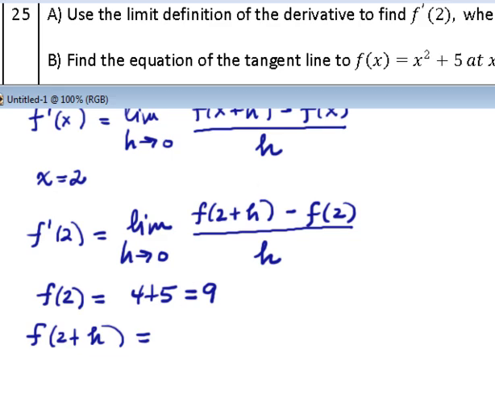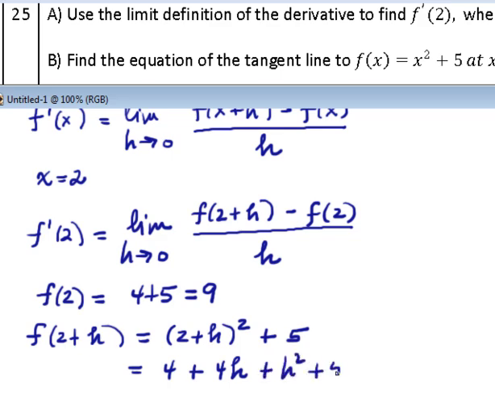Here we see f of x is x squared plus 5, so we have 2 plus h squared plus 5. All right, so just square this out. We have 4, the middle term is 4h, the last term is h squared. So that's 9 plus 4h plus h squared.